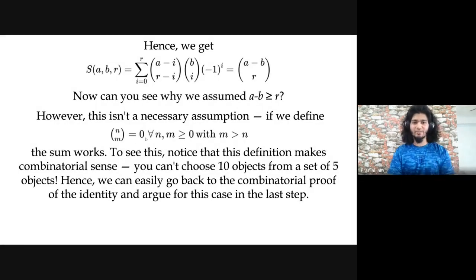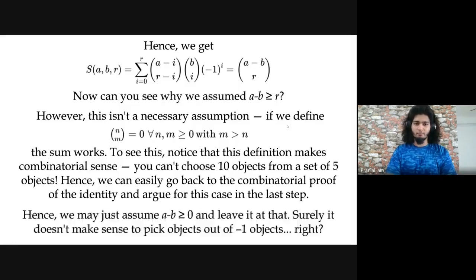So this definition makes combinatorial sense, and since our proof was entirely combinatorial, we can adjust our arguments to fit this case. So once again, in your own free time, if you're interested, you can go back to that proof and justify that this definition works if A minus B is lesser than R. But we still have to assume that A minus B is greater than or equal to 0, because then for sure this won't make sense.